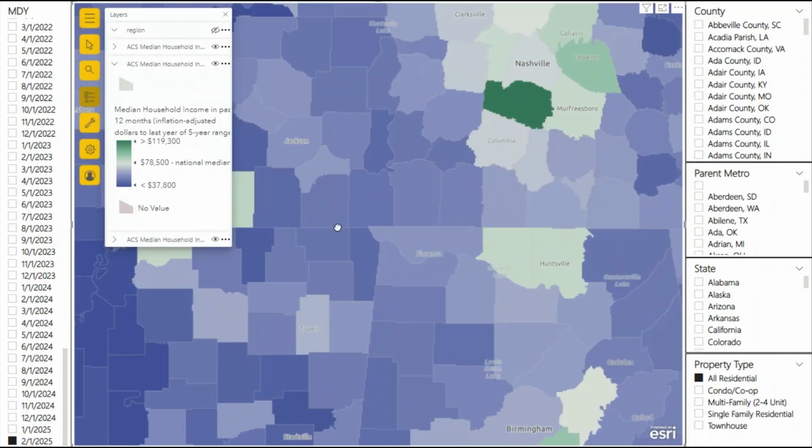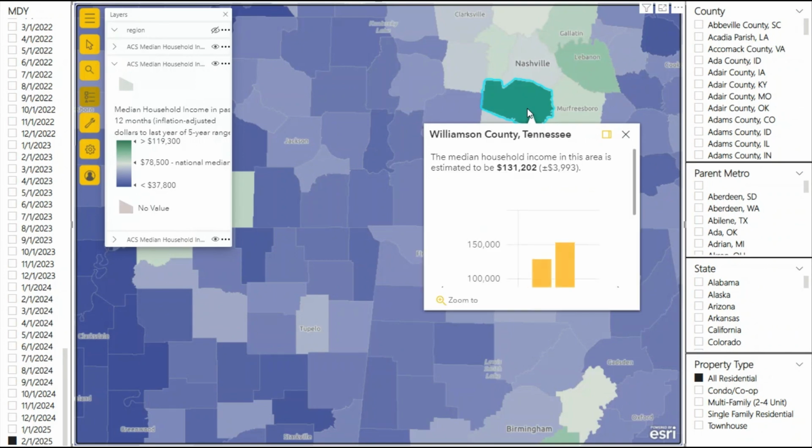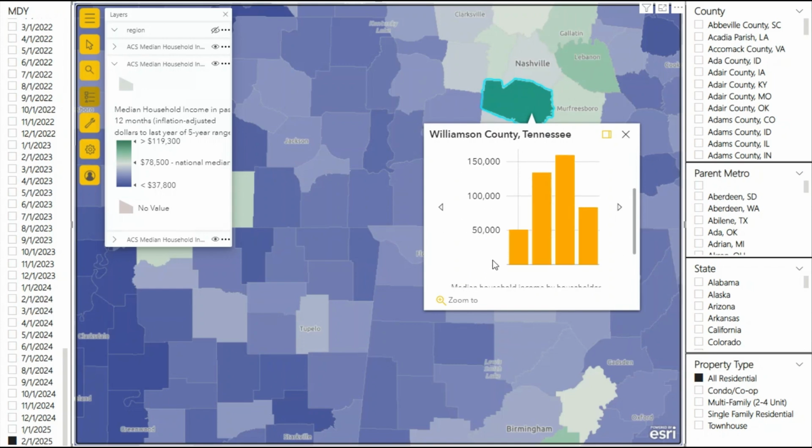But look, I'll just pick Williamson County. It's a very wealthy part of the Nashville MSA, and I'll just pick on my hometown. So what's cool about this software is you can see the distribution in household incomes, and this is on an inflation adjusted basis. So there's the under 25 crowd, 25 to 44, 45 to 64.